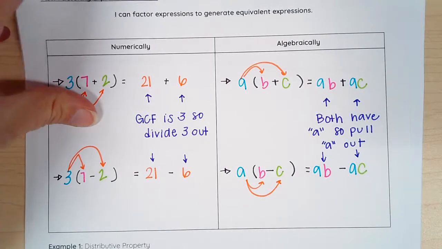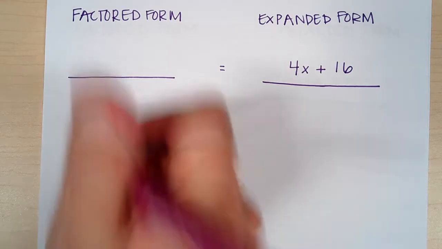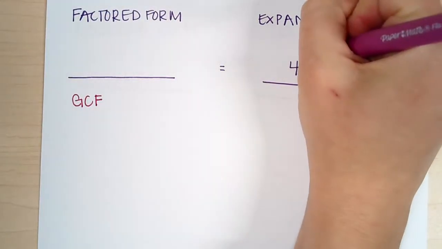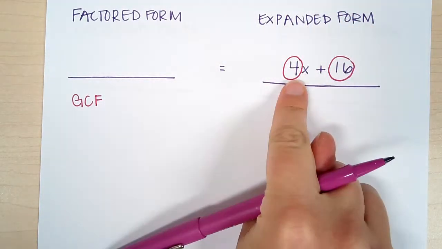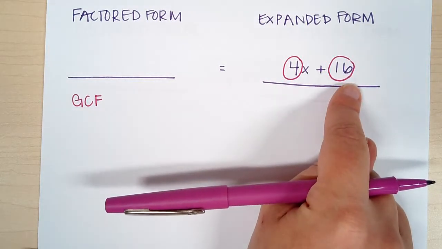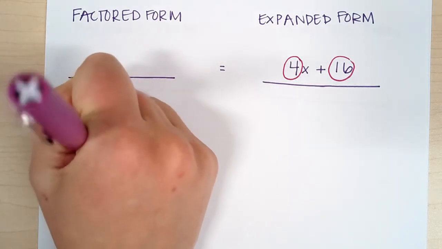Let's try a couple of examples. So here we have our expanded form, and we're going to start by finding the GCF of our digits. Here, only one term has a variable, so I know I can't pull the variable out right now. So I'm going to find the GCF of 4 and 16.